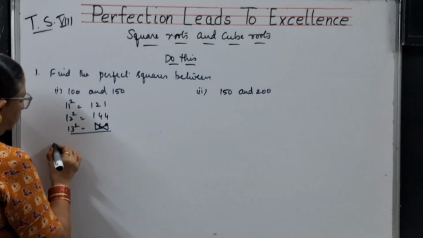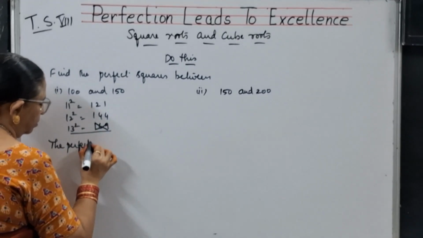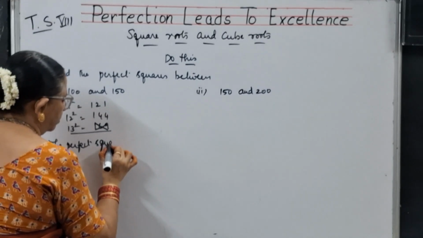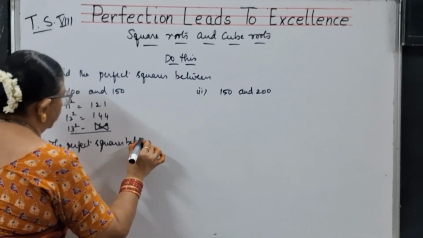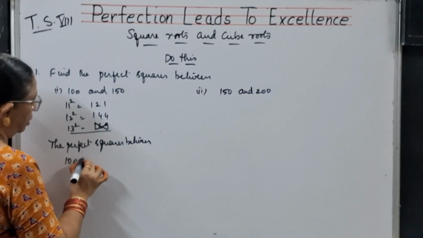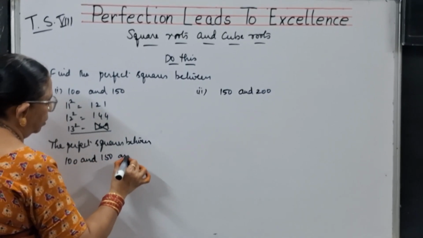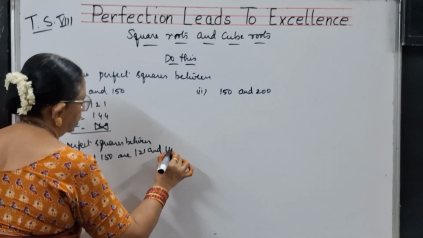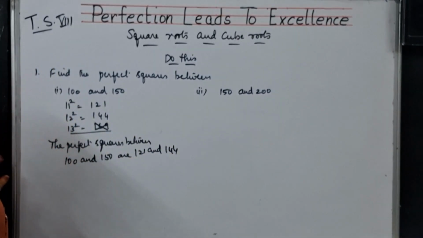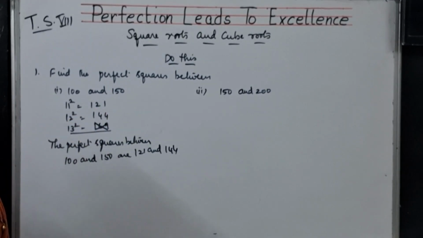So the perfect squares between 100 and 150 are 121 and 144. Only these two. Third one is not possible because it is more than 150.